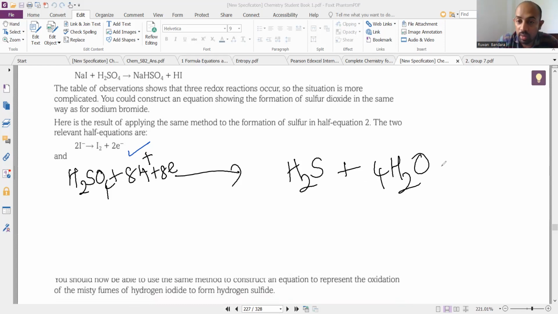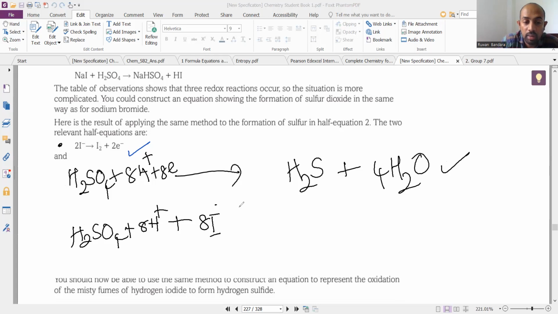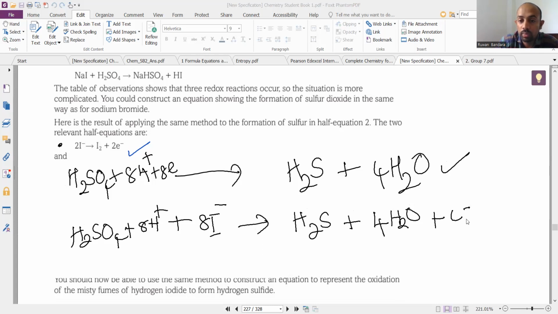Then for these two equations, you have to multiply this equation by 4 and add it to this. You got it? H2SO4 plus 8H plus plus 8I minus gives you H2S plus 4H2O plus 4I2.